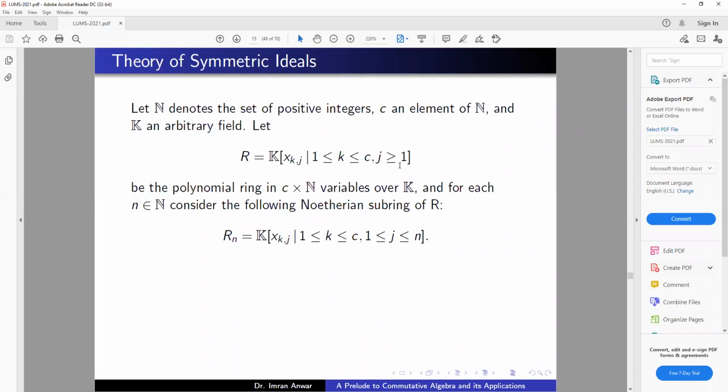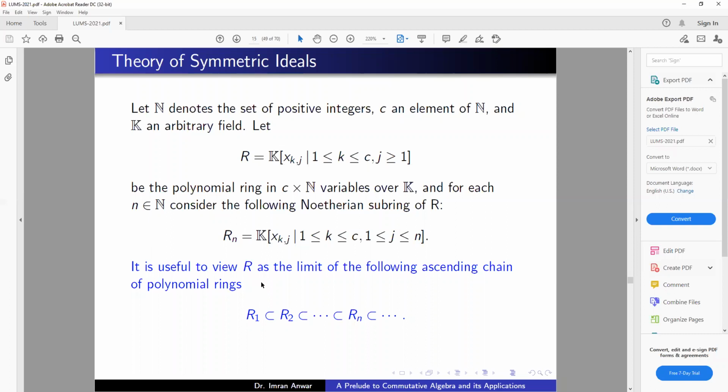So this is a subring of R. It is useful to view R as the limit of the following ascending chain of polynomial rings: R1, R2, and so on, Rn, and so on. The limit of this chain is the ring R. By looking at Rn, you can approximate, in other words, you can reach a limiting case of R.